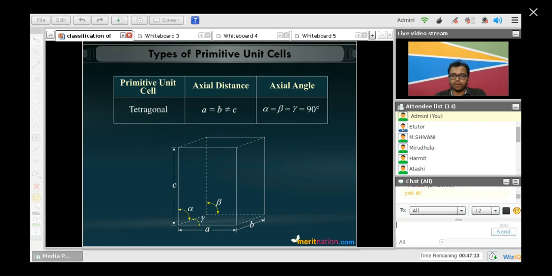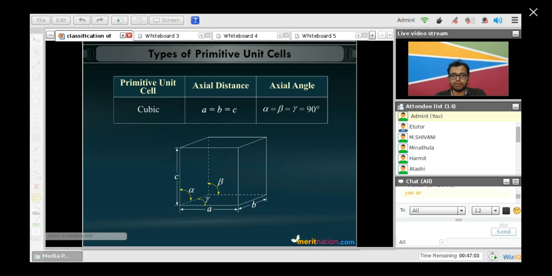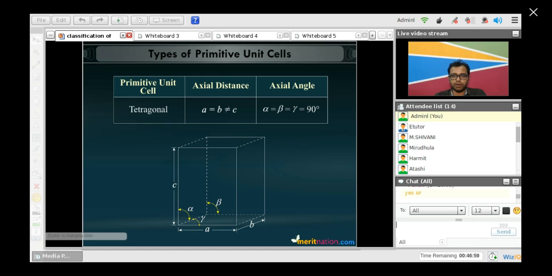Okay. Now, tetragonal is a unit cell which is almost similar to the cubic primitive cell, but the only difference is that the height is different from length and breadth, right?